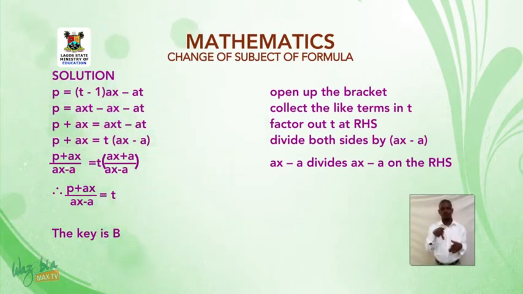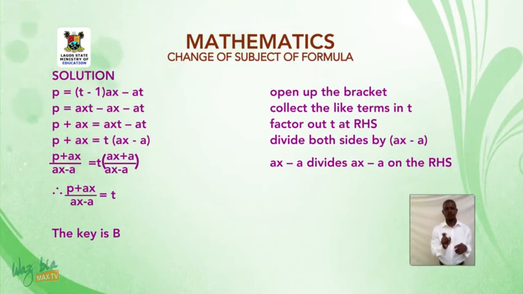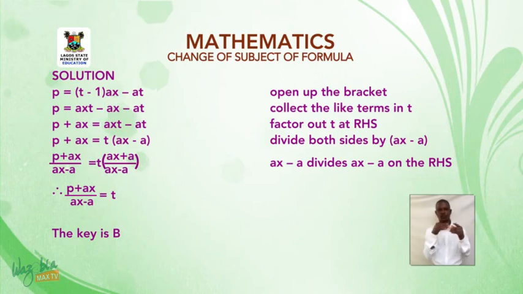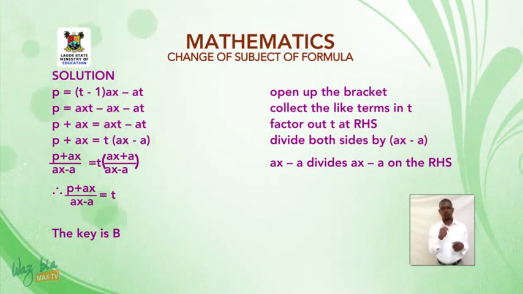Therefore, P plus AX over AX minus A is equal to T. The key is B.